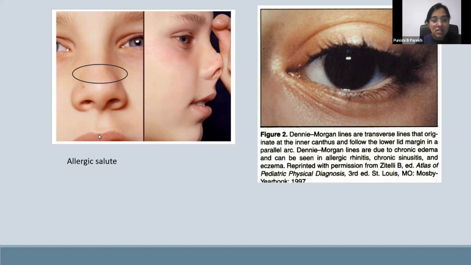These are again seen in allergic rhinitis, sinusitis, and eczema. So both of these findings are seen more in allergic conditions, allergic rhinitis, sinusitis. So in a child who's having, say, repeated cough along with atopic dermatitis or any allergic conditions, probably requiring nebulizations or MDIs, it's always good to look for these two signs when you're suspecting an allergic etiology.